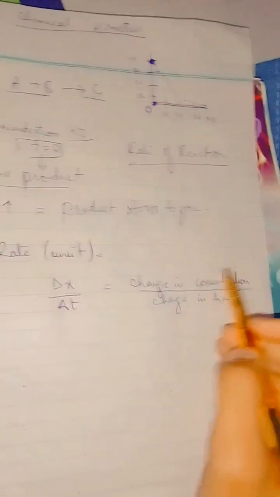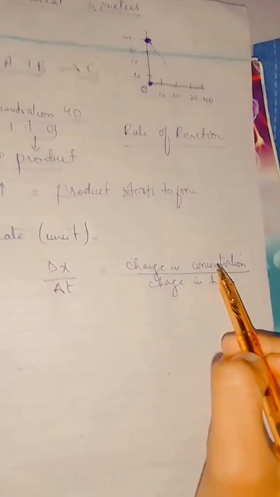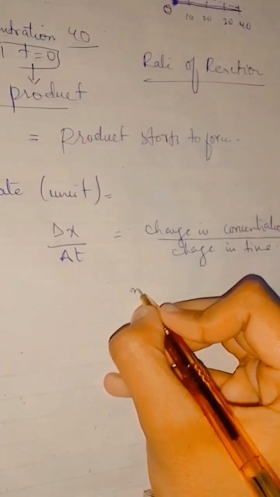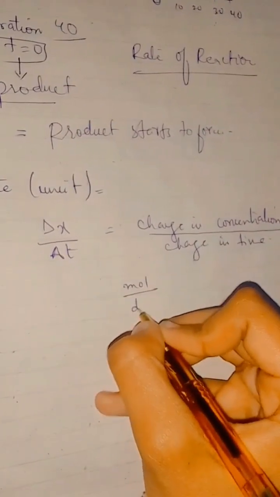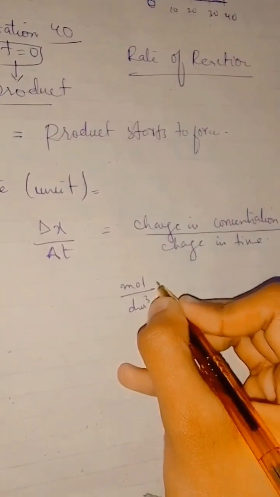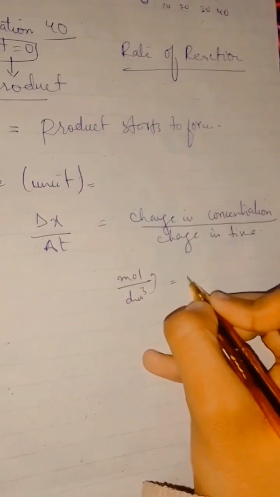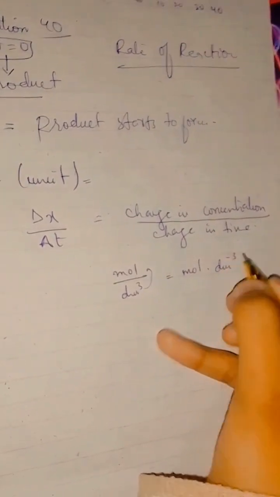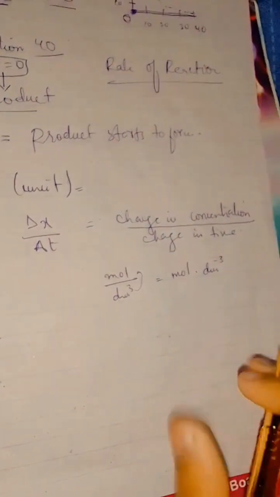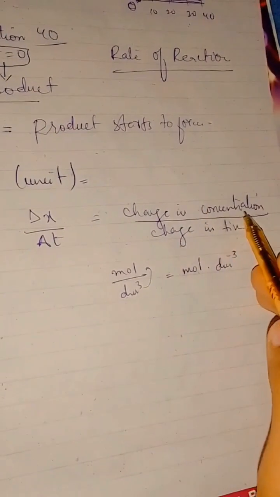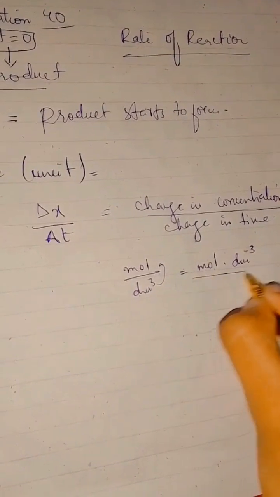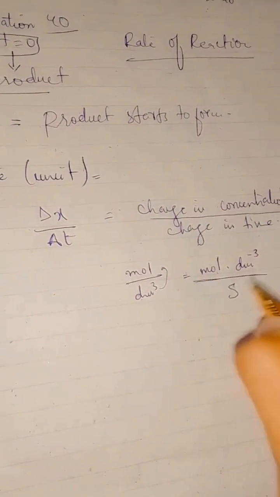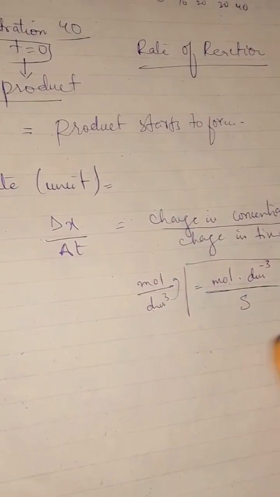Now the unit of concentration is mole per dm cube. As dm cube moves upward, that will be mole dm inverse cube. There will be the inverse, so that will be the change in concentration divided by the unit of time, which is second. So that will be the unit of rate.